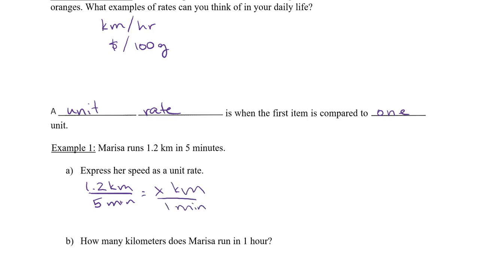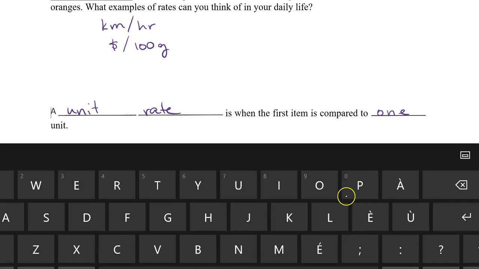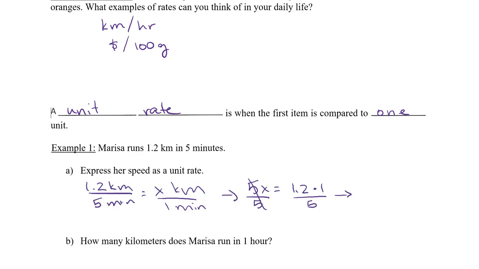It's exactly the same thing we've always done, it's just a proportion. So we've got 5 times x is going to be 1.2 times 1. What you'll notice is you're multiplying by 1, and then you divide by 5, so x is equal to 1.2 divided by 5.